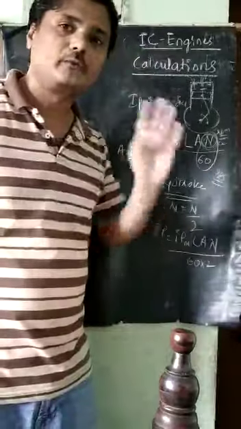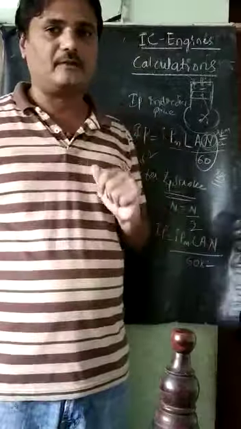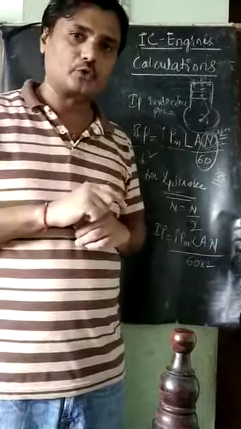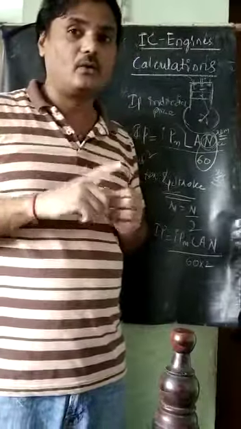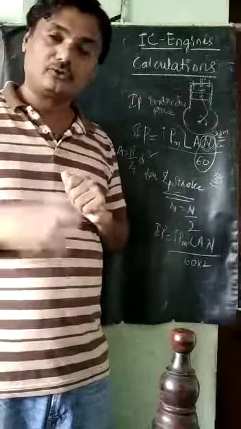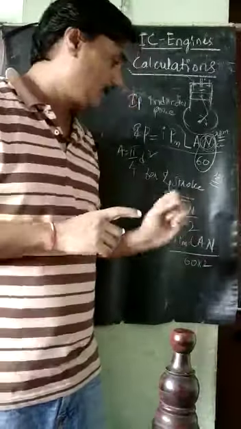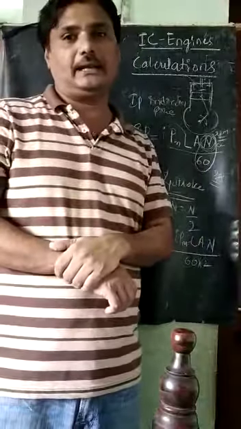For 4-stroke we have to divide by 2. Why? In case of the 4-stroke, after 2 revolutions of the crank, only 1 power stroke takes place, as we have studied already. So for the 4-stroke, n is N by 2.